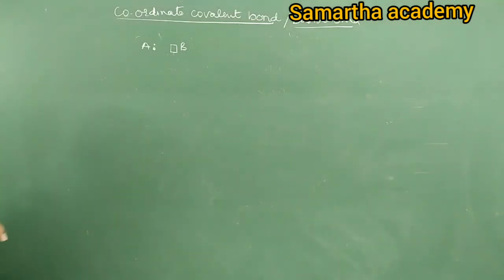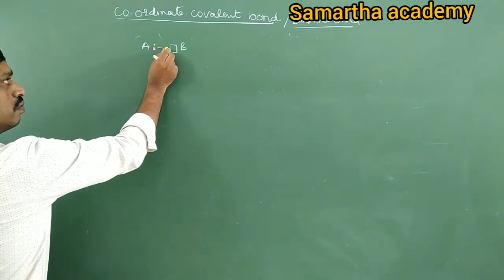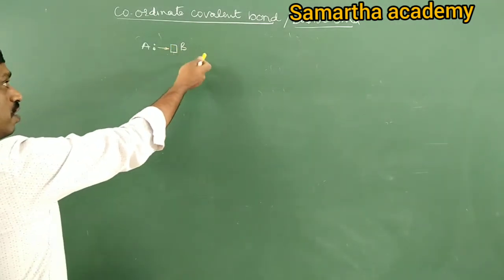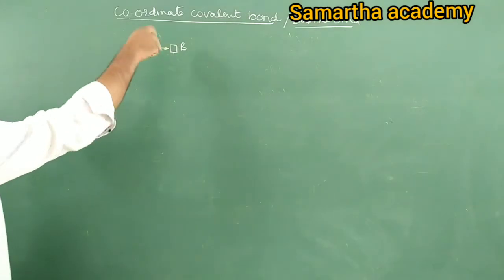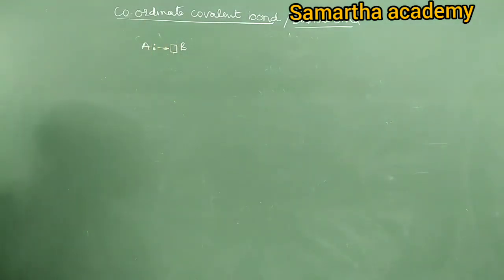It is not by sharing. Atom A donates one pair of electrons to atom B. At the same time atom B accepts the pair of electrons from atom A. By donating and accepting, a bond is formed. That kind of bond is called coordinate covalent bond. It is also called dative bond.